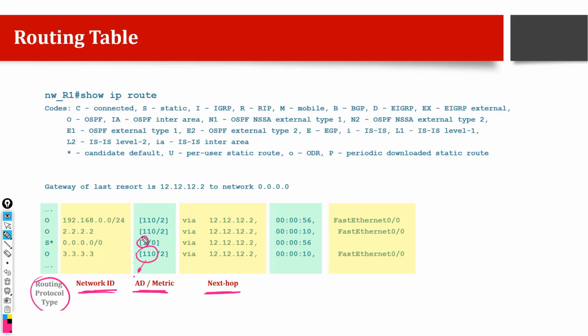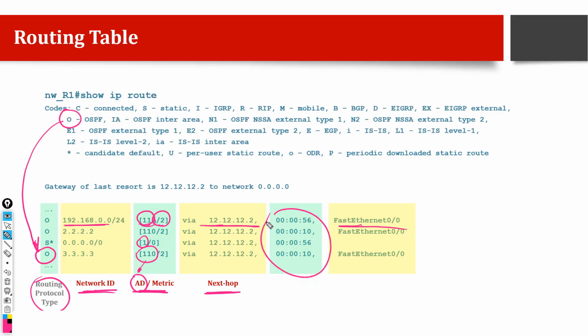From this admin distance we can find which routing protocol it is, although it is written here, and from the legend as well. So this tells us that to reach this network, we have learned this route from OSPF, the cost is 2, this is the next hop which we have to follow, this is the local interface which we can use, and this is the time.